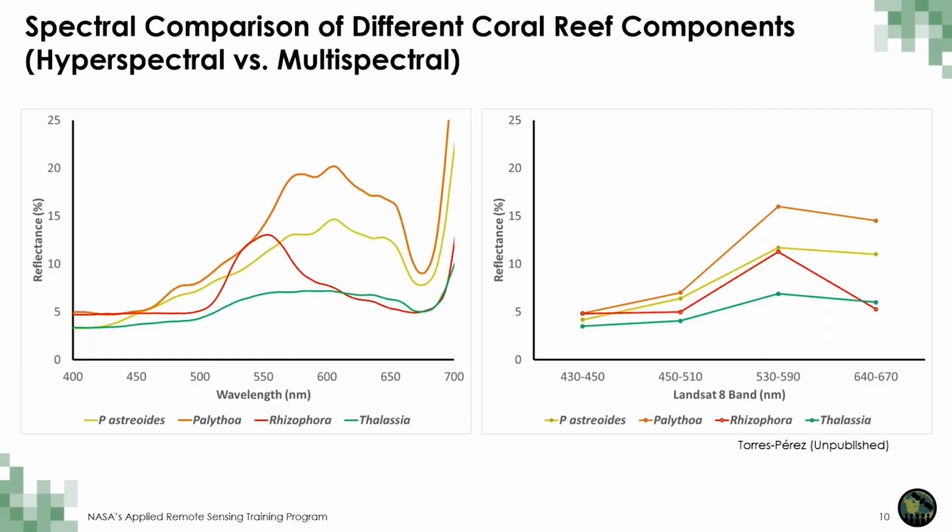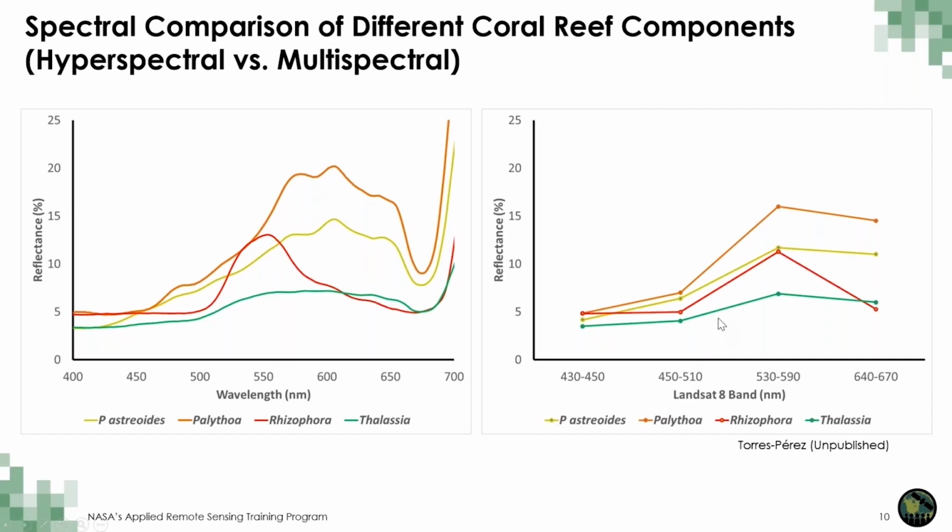Okay, so here we have the same graph that we saw a couple of slides ago, where on the left-hand side the data was collected in situ with a spectroradiometer, and then on the right-hand side is the same data set but adjusted to the 4 Landsat 8 bands in the visible range, and you see that most of the spectral features that appear obvious to distinguish, particularly these reef components that we mentioned before in the hyperspectral in situ data, are lost in multispectral adjusted data.